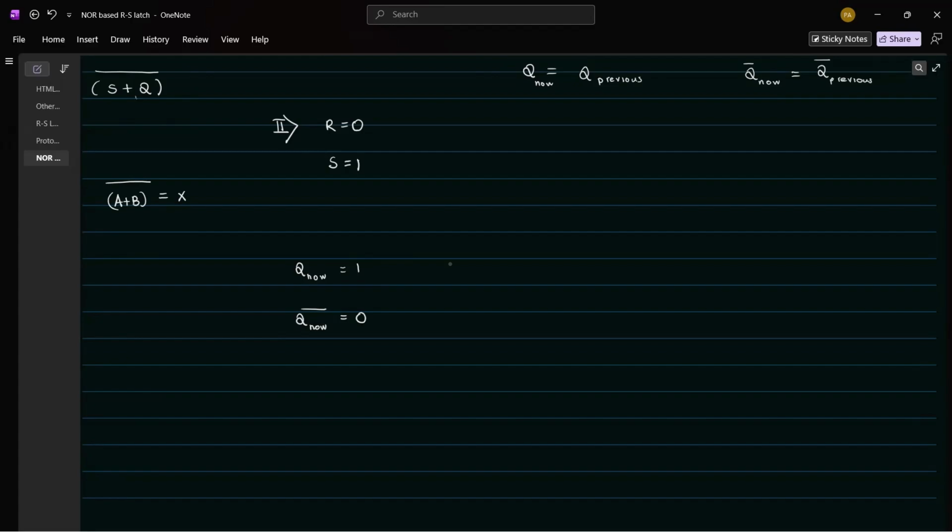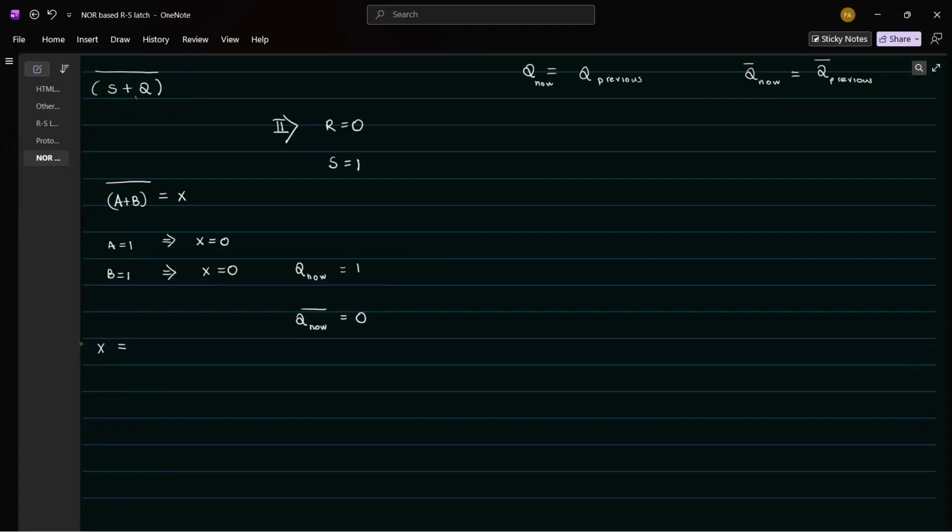If a is equal to 1, then without even considering b, you can say x is equal to 0. Similarly, if b is equal to 1, you can say without even considering a, x is equal to 0.